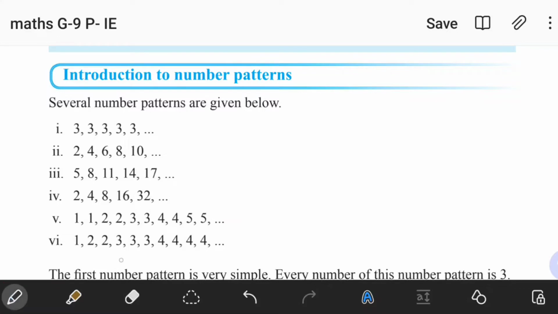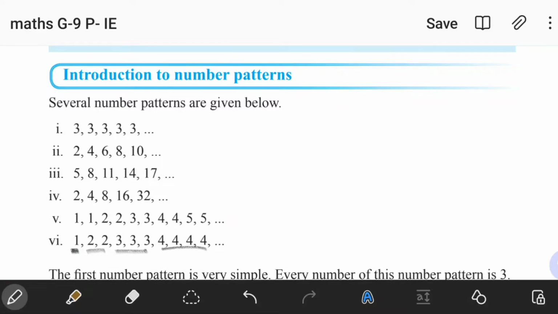And if you look at this other pattern, you see 1, then 2 2, then 3 3 3, then 4 4 4. The number you are trying to figure out appears that many times. When you look at number 3, it has 3 numbers here. If you look at 4, there are 4 numbers here. If you look at 2, there are 2 numbers. 1 is only given once.